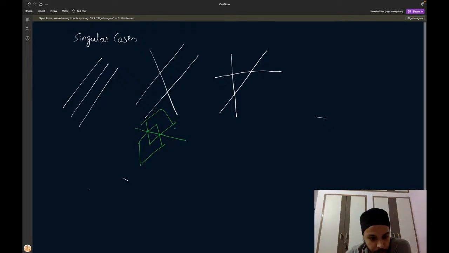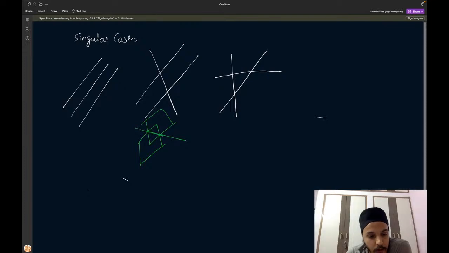So these two planes intersecting form a line. This plane intersection forming a line can give us infinite solutions, as the whole line is a solution.